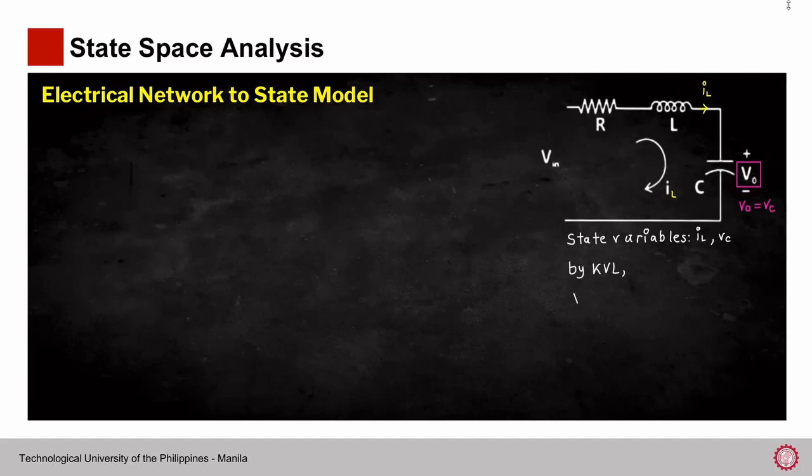By KVL, we have V in, which is the input voltage, minus IL R, because we learned that the current all throughout the circuit is IL. Then the voltage across the inductor is nothing but L di over dt, so this is L di_L/dt. And then minus the voltage across the capacitor, minus VC.